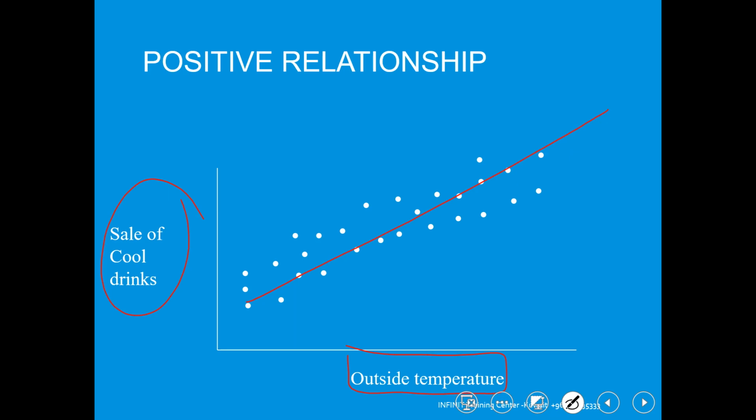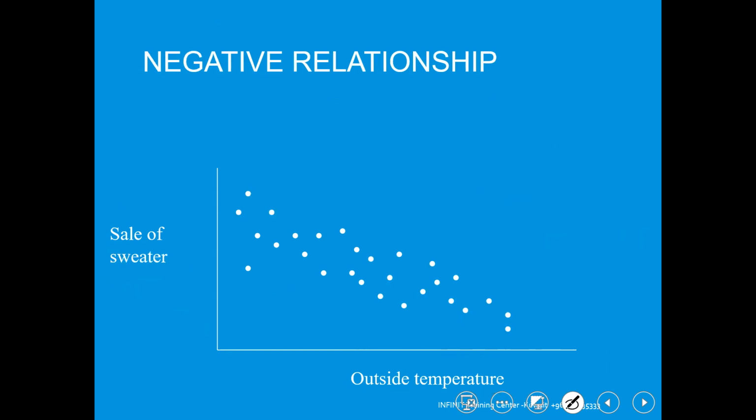So this we call positive. The relationship is positive, but it is not perfect. But there is a relationship, which is an upward growing relationship. Same like that, you can have a negative relationship. It is not perfectly negative, but it is negative. When one is increasing, the other one is decreasing. So this we call a negative relationship.